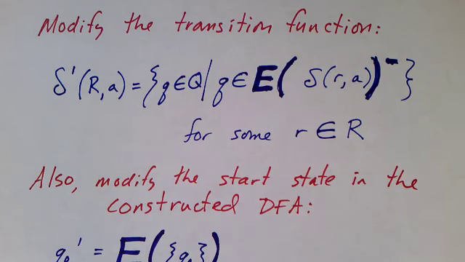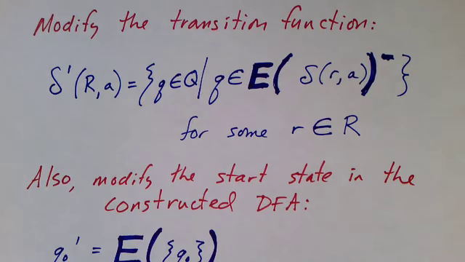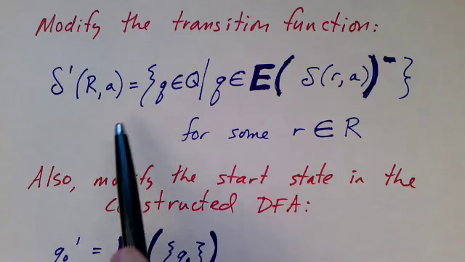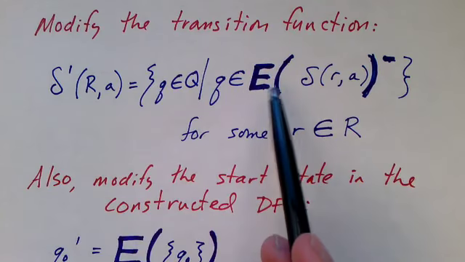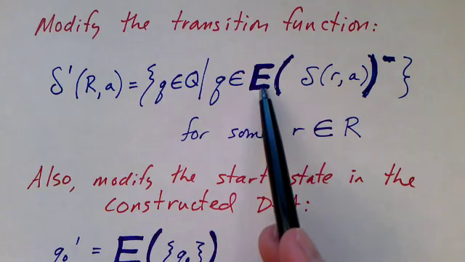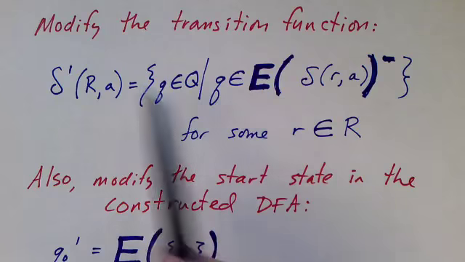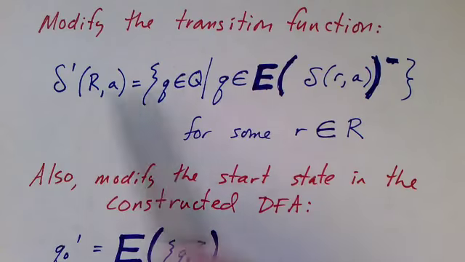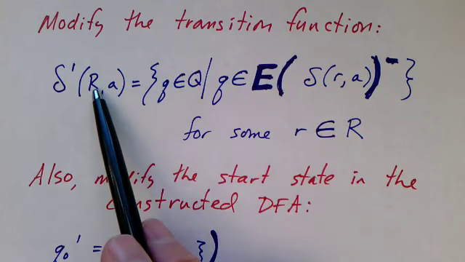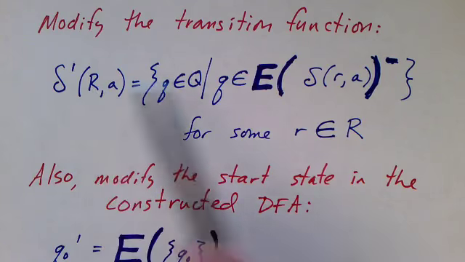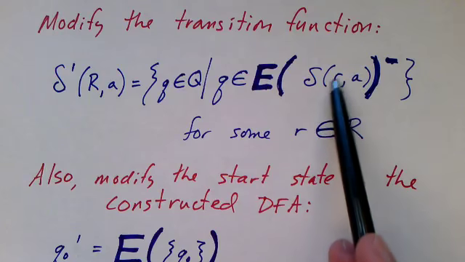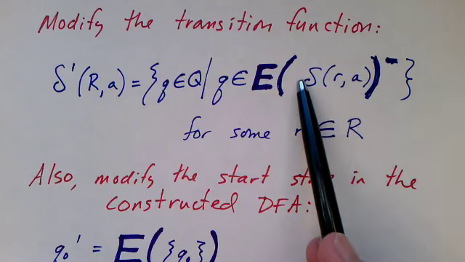Now that we've got the epsilon closure function, we need to incorporate it into our definition of the transition function. This is almost the same definition as before, only we've added the epsilon closure. We're saying that if we're in some set of states, big R, then we ask from all those states, where could we get to?